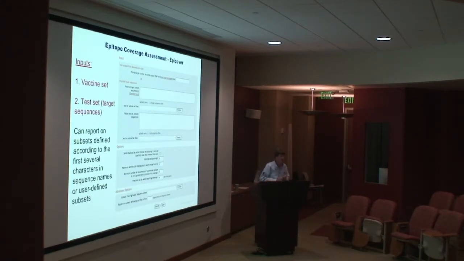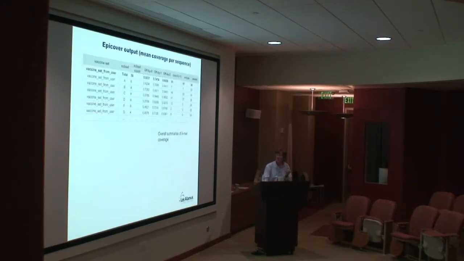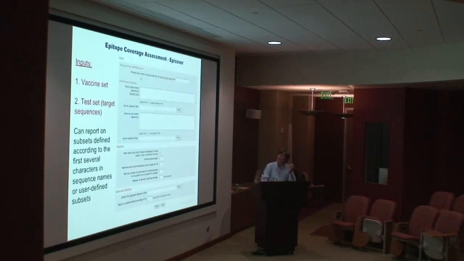How good is your coverage? This is an important question that I think is not asked as often as it ought to be, right? What are the odds of how good a match is what you're putting in to what you're trying to get a response against? And so we have the two tools here.